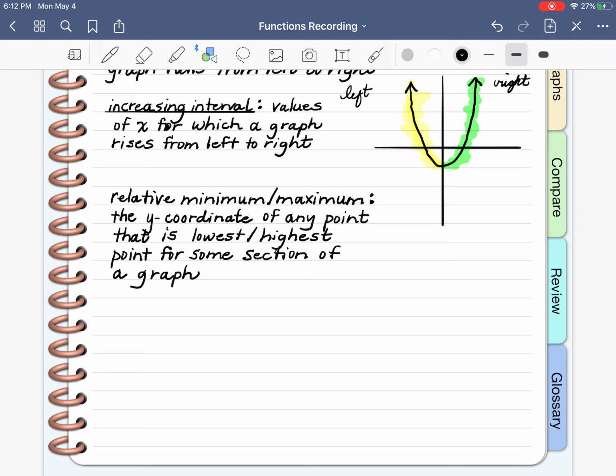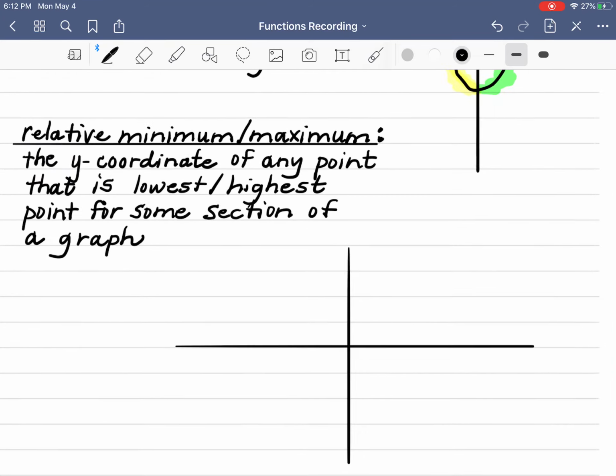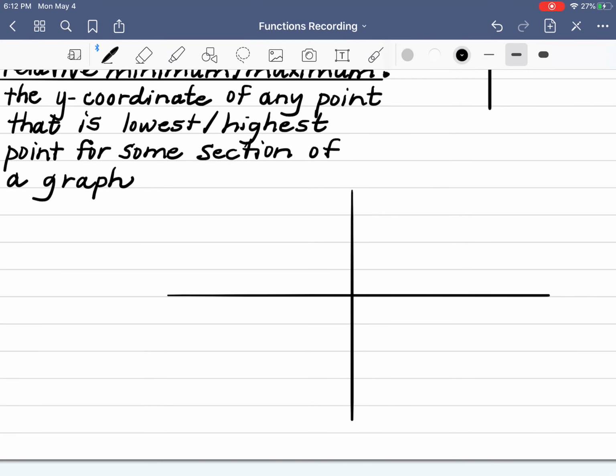And I will show you some examples. Let's take a coordinate plane. And this time we haven't defined this term yet, but I'm going to use a periodic graph just to show you maximums and minimums. This is a wavelength graph. So we get this motion of repeating patterns, if you will. Pretend that those are all the same.